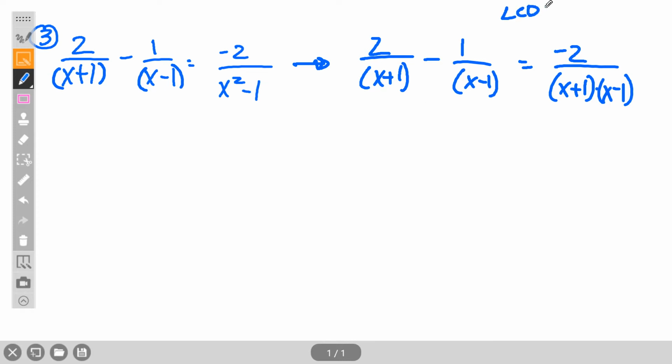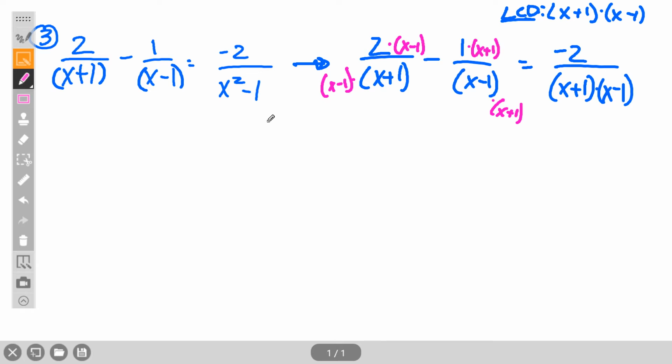So the LCD is going to be what they have in common. They have an x plus 1 in common, and they have an x minus 1 in common. Okay, so x plus 1, x minus 1. To get that for the first one, we would have to multiply by x minus 1. For the second one, we'd have to multiply by x plus 1.